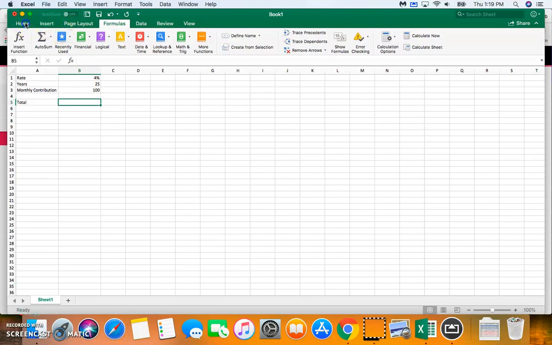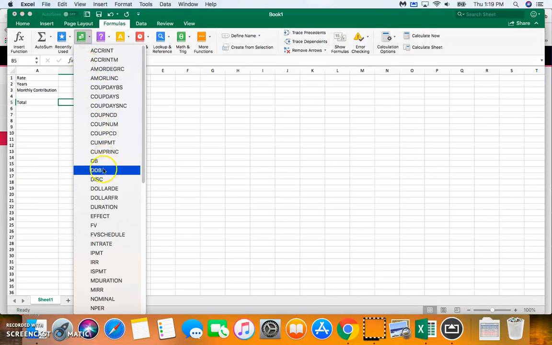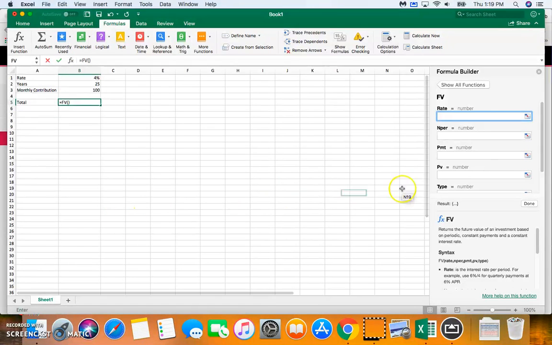Then what I would do is, coming over to formulas, I'm going to get a total here, and it's under financial. It's FV. And it's going to bring up this formula builder for you. In the formula builder, it wants our rate per month, if we're doing it per month or per quarter or whatever.